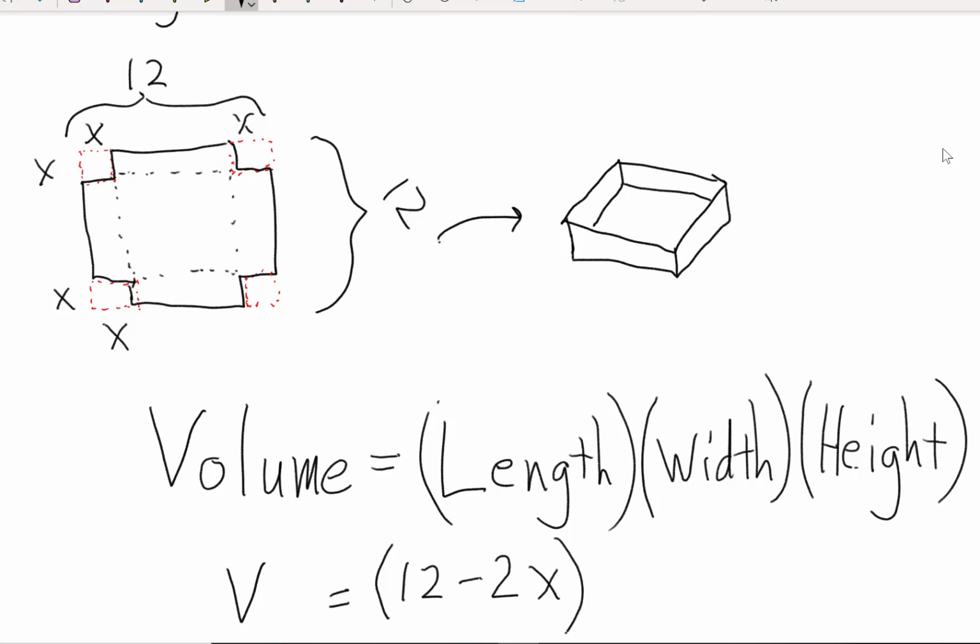The width also starts off at 12 inches, but then I cut out 2 x's, 2x inches. The height, imagine this shape now being folded up, and let's focus on the shape on the right. How high is that shape? It is x units high.